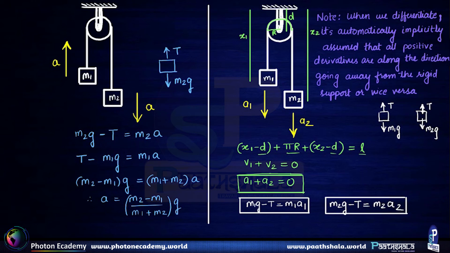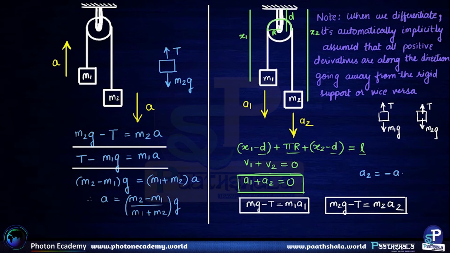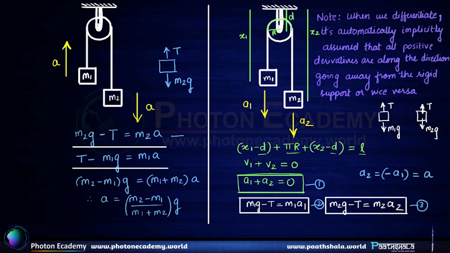If we put a2 equal to minus a1 and we put a2 equal to a, then these three equations, equation numbers 1, 2 and 3, will boil down to equation Roman numeral 1 and Roman numeral 2 over here. So ultimately you are going to get the same answer.